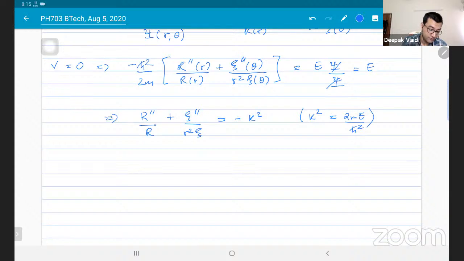Now you take the whole equation and multiply by r squared.